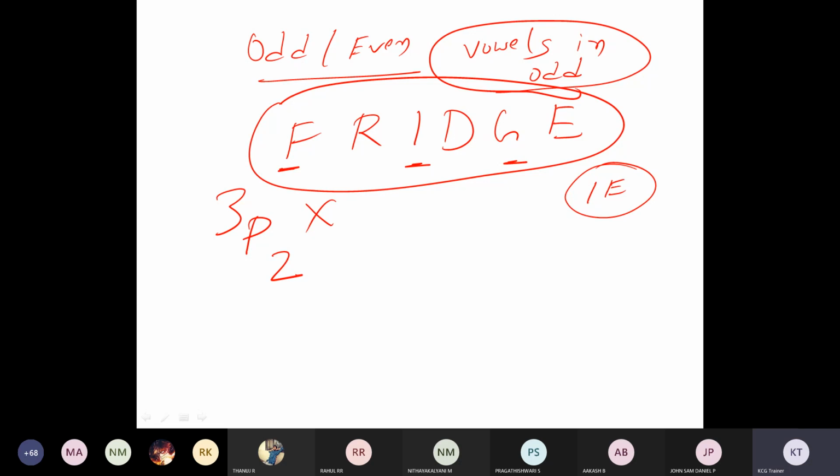Out of the 6 positions in fridge, how many positions are occupied? Not all, only 2 positions. I have satisfied only the condition of the vowels so far. If I take one vowel here and one vowel here, only 2 positions are occupied.